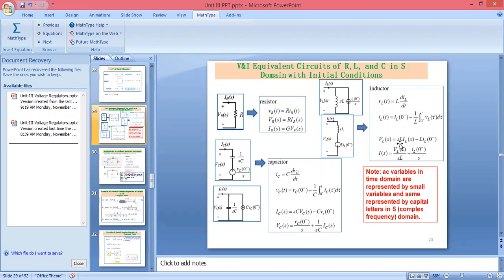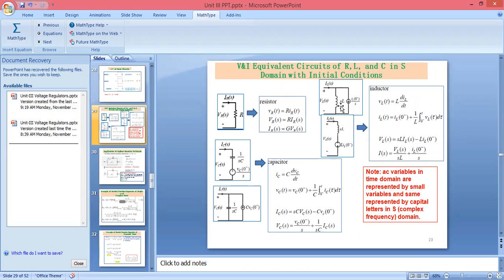How can we convert? VL of S, instead of t comes S, into SL, as it is, because we are taking their current IL of S, minus L IL 0 if you are calculating the voltage there. And if you are calculating the current, how will you get it?